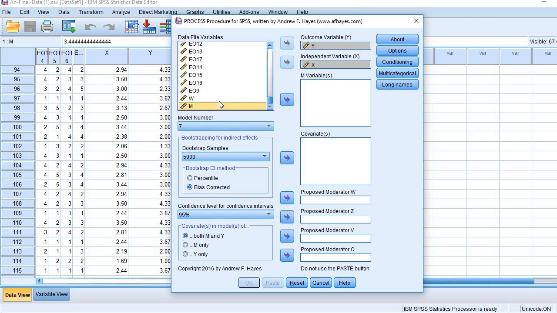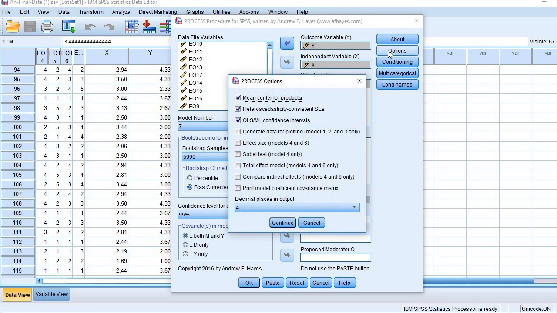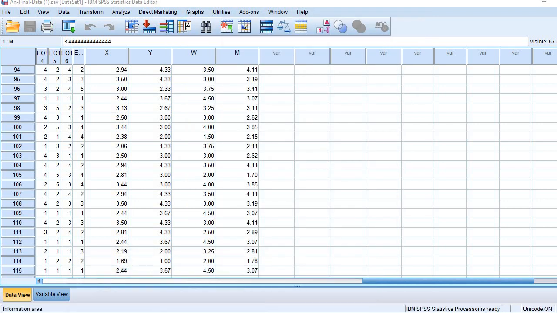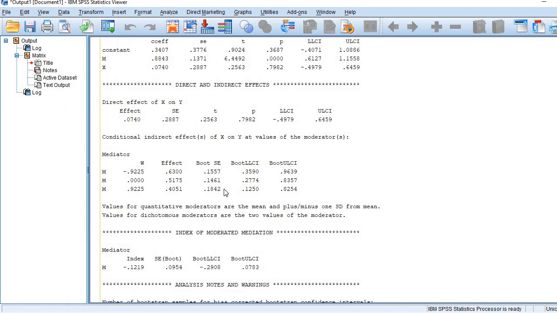M is the mediator, so take it here. W is the moderator, to be placed here. Then check the options here. The first 3 options are required. I already ran the analysis, so let me straight away show you the output because it takes a little bit of time.